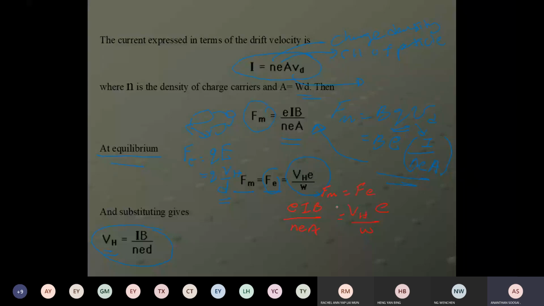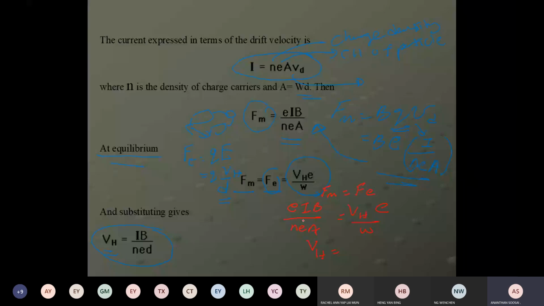So we are getting these two equations now. Okay, now how do you get this? Make VH the subject. So bring the W and E to the other side.